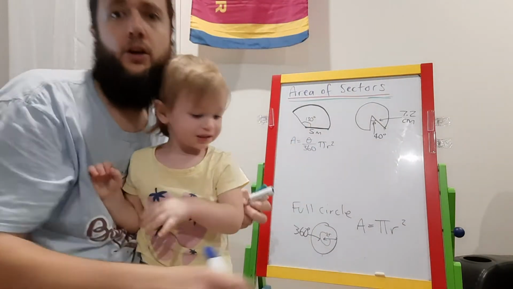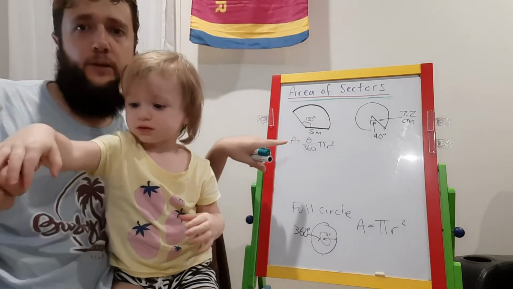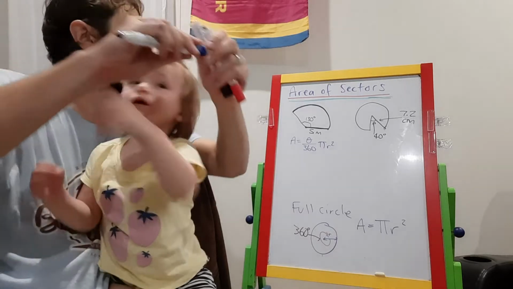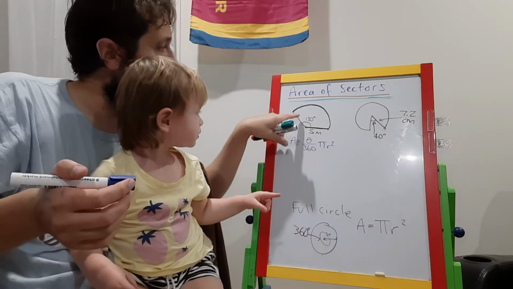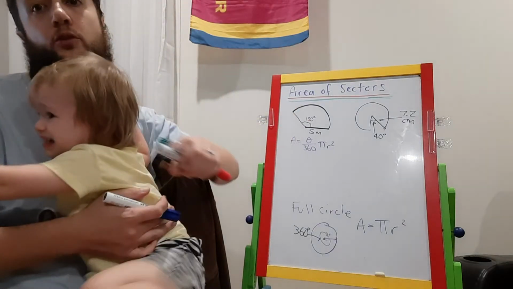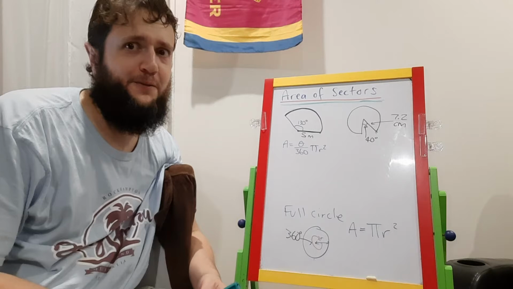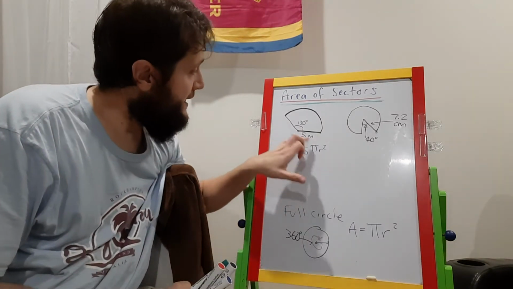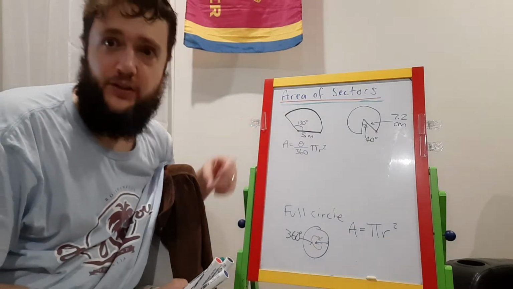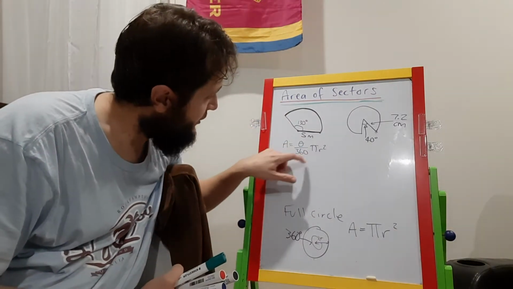Anyway, so theta out of 360. The area is going to be a proportion of the full circle. So we need two things in this formula. We still need the radius, but we also need to put the angle in, right? The angle that's inside our circle, the part we want the area of. Now, the reason we have this part out the front is that it's part of a circle.